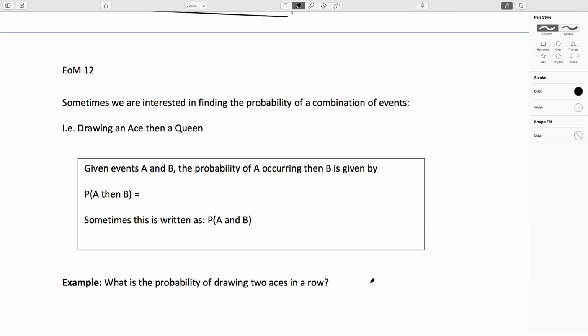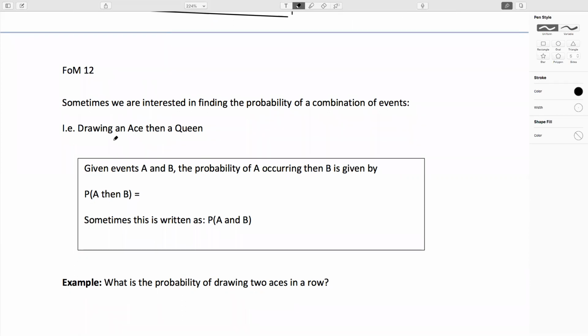Sometimes we're interested in finding the probability of a combination of events, and this is kind of where it all comes together here. For example, what if we want to know how likely is it that we draw an ace, then a queen? We know how to get the probability of a queen given an ace has already been drawn, but we haven't talked about how to figure out the probability that both events happen. Okay, and now in order to solve these kind of problems, we have to first ask ourselves, are these independent events or are these dependent events?